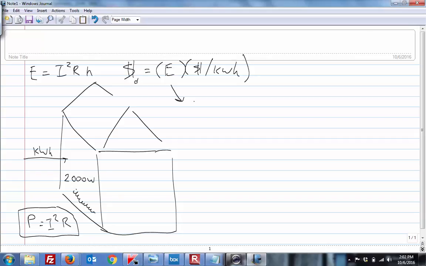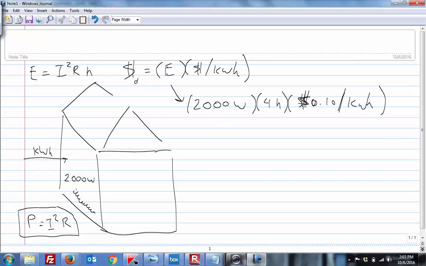So the energy per day equals 2,000 watts times 4 hours. And then the electricity bill, I just said it's a dime a kilowatt hour, so 0.10 per kilowatt hour.